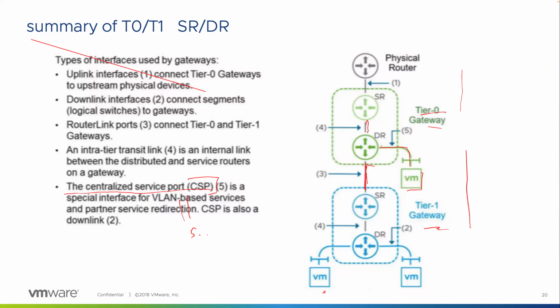And what's the difference between service interface and the downlink interface right here? Downlink interface always points to overlay subnets, and service interface points to a VLAN-based subnet or VLAN-based segment.